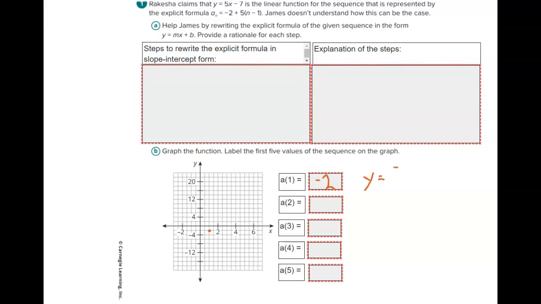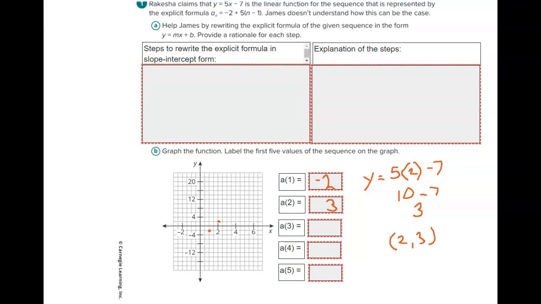So we'll have 5 times 2 minus 7. 5 times 2 is 10. So we'll have y equals 10 minus 7. And that's going to come out to 3. So the point that we'll be graphing is 2, 3. Input, output. So 2, 3. 2, and then 3 is right here.